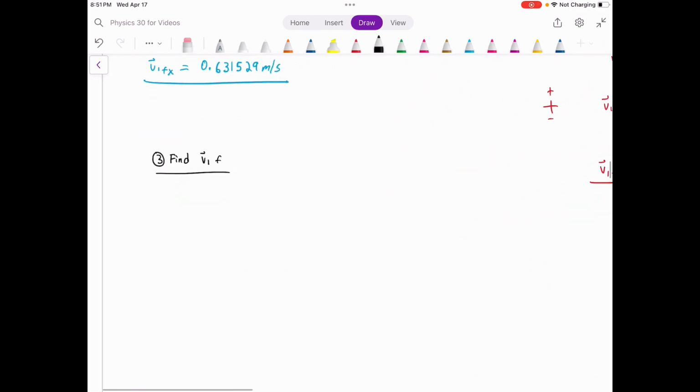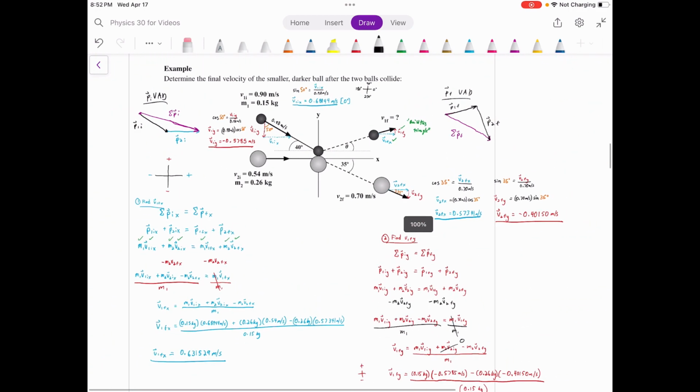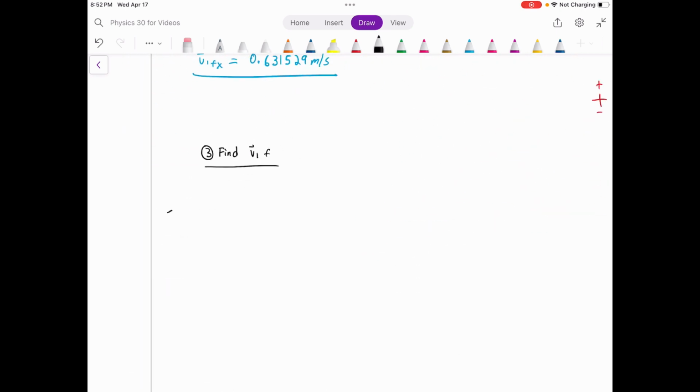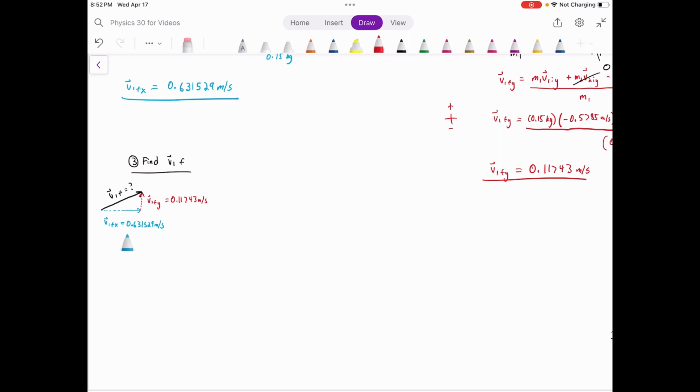At this stage, I usually find it's helpful because we've done so much. We've had to work on this so much. I find it's helpful to just really quickly redraw the vector that we're actually looking for, just so we can clarify what we know, what the numbers are. We can see them nicely in one place, right? So we're looking for V1 final. We know that its x component is this, right?